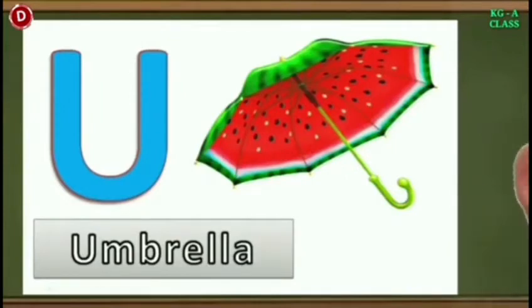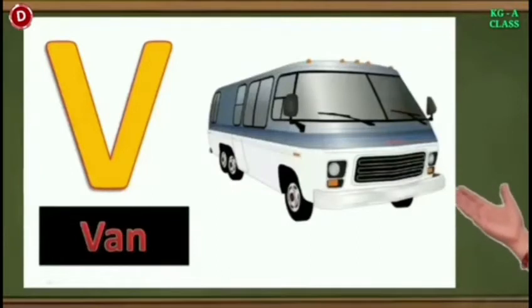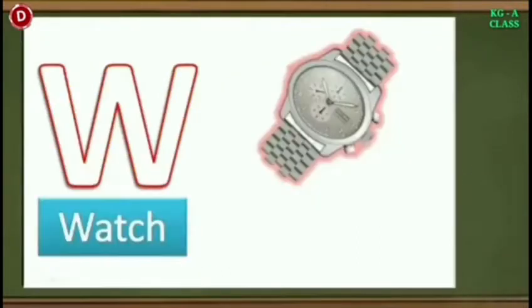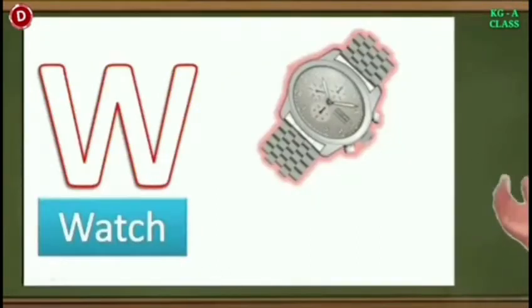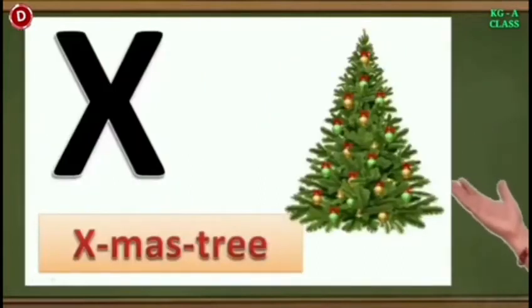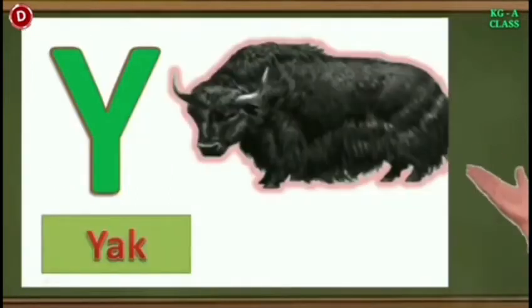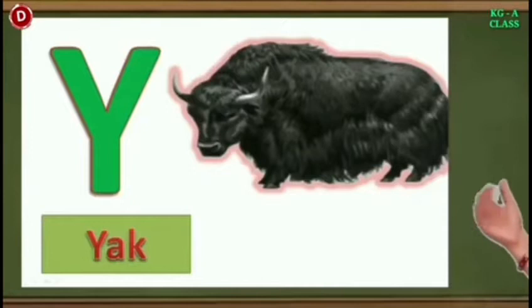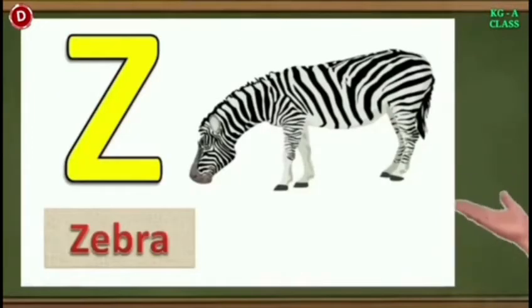The next letter is V. V for van. Now comes W. W for watch. Children, this is X. X for Xmas tree. Children, this is capital Y. Y for yak. And now comes the last letter. This is Z. Z for zebra.